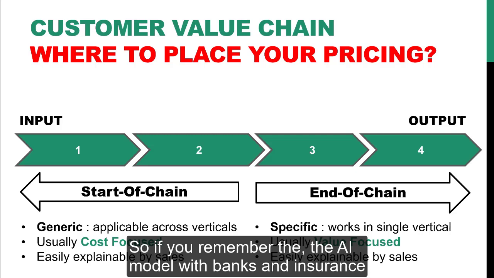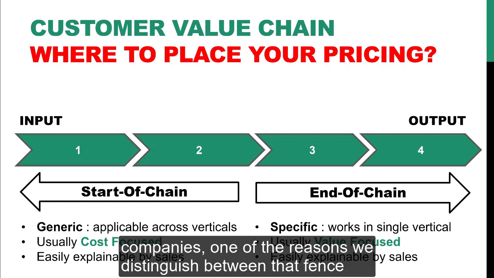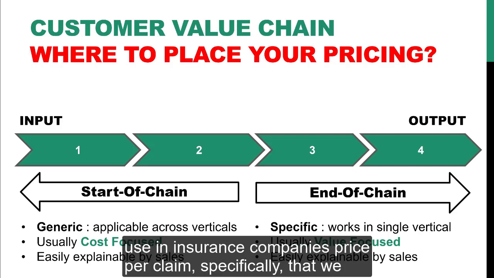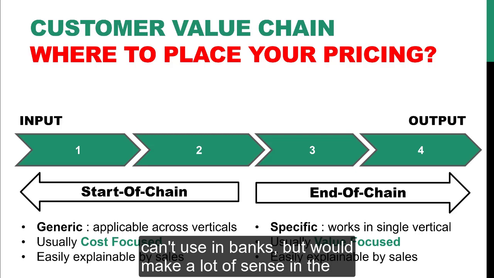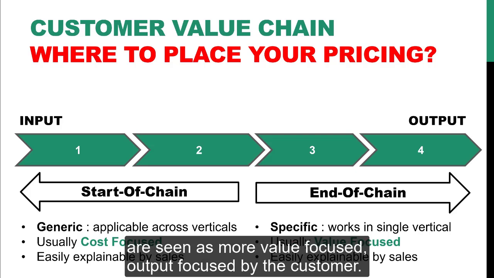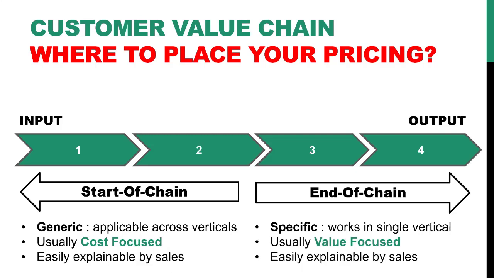If you remember the AI model with banks and insurance companies, one of the reasons we distinguished between them was that we have specific pricing metrics that we get to use in insurance companies, price per claim specifically, that we can't use in banks, but would make a lot of sense in the insurance companies. Also, usually they are seen as more value-focused, output-focused by the customer.